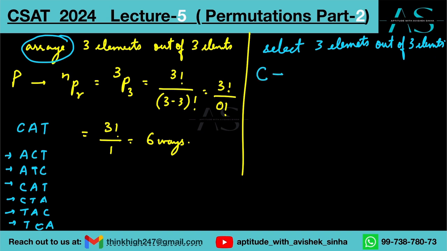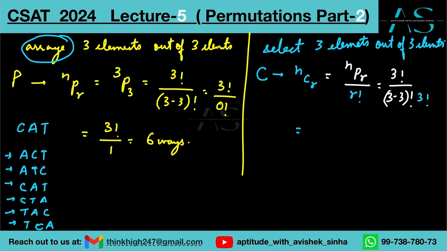And for combination, we know the formula is NCR. And how do we break down NCR? We write it as NPR upon R factorial. So this would be nothing but the formula for permutation, that is 3 factorial upon 3 minus 3 whole factorial upon 3 factorial.